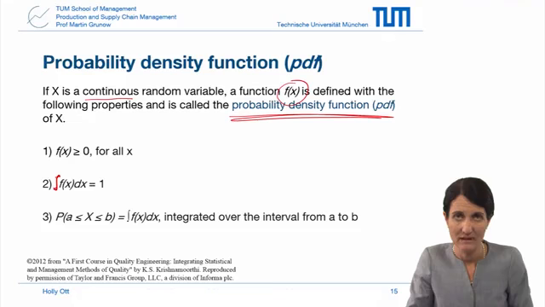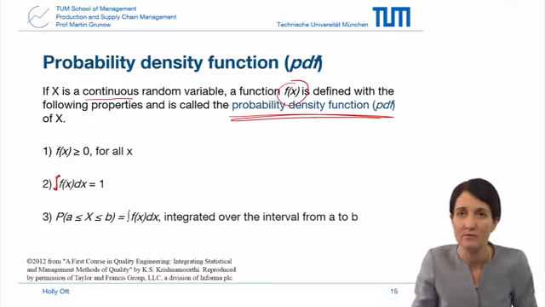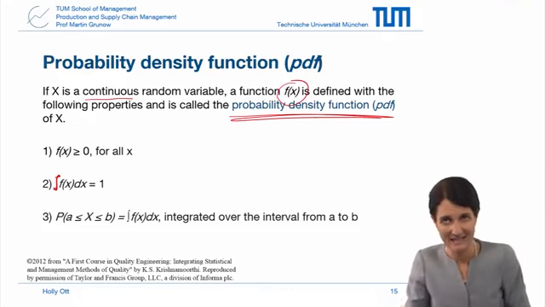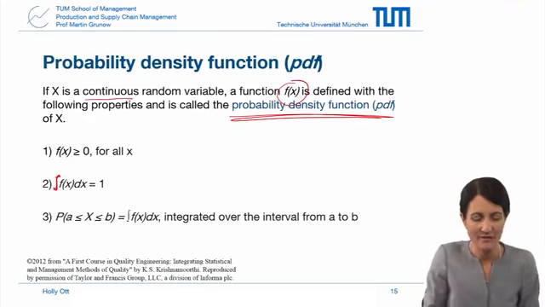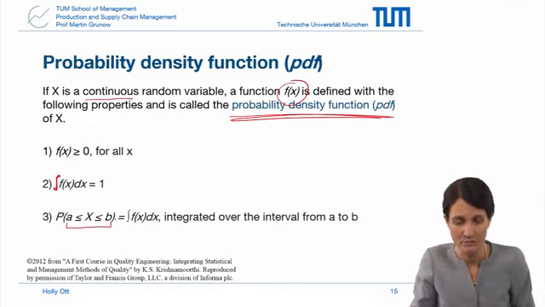And what this f of x means, since we have a continuous variable, we can never find the exact probability that will be exactly at a certain value of x. We have to look in an interval from two values such as a and b.